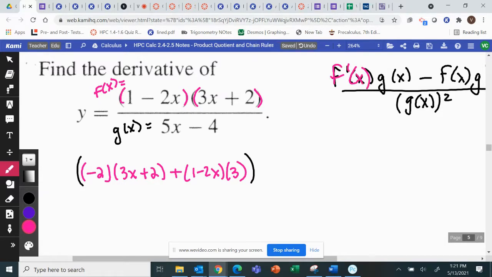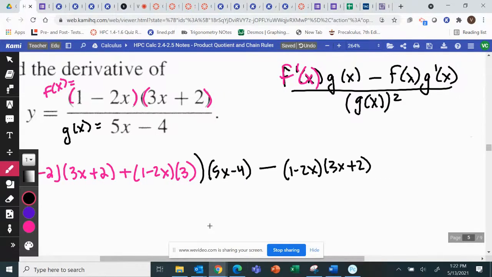So then I have to multiply that by g of x. Minus, then I take f of x, which is 1 minus 2x times 3x plus 2, and I multiply that by the derivative of the bottom, which is 5.